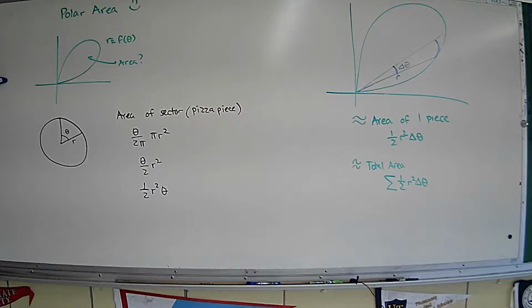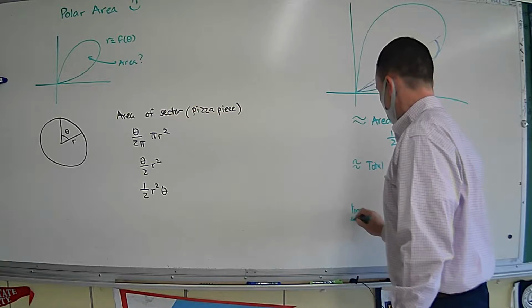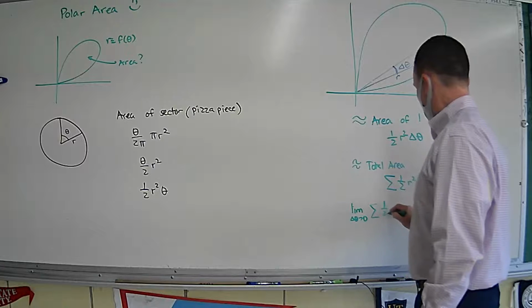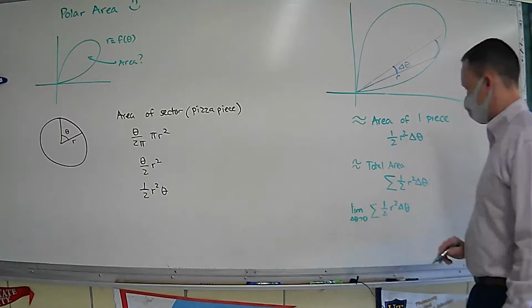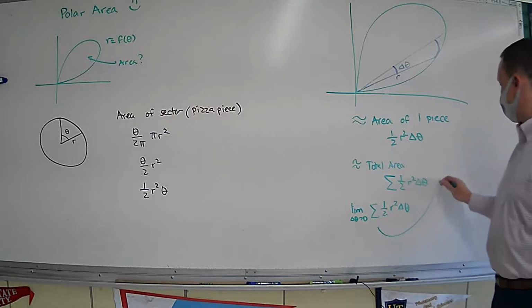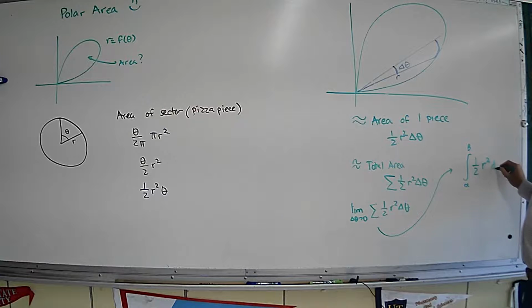And really, what needs to happen is delta theta needs to approach 0. And when delta theta approaches 0, that finite sum turns into an infinite sum. So that's the actual area.